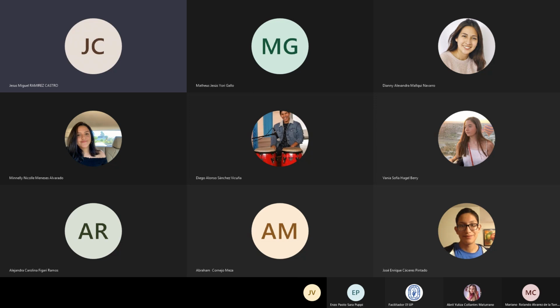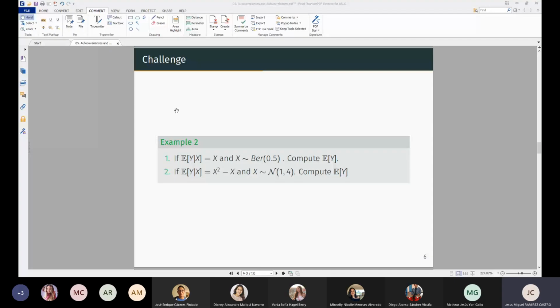Now let's go back to the slides. Now let's compute the expected value of y and the expected value of y here.